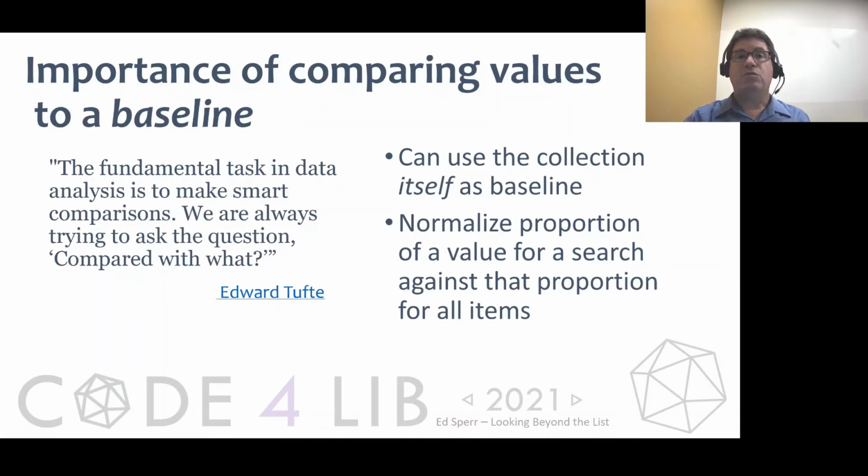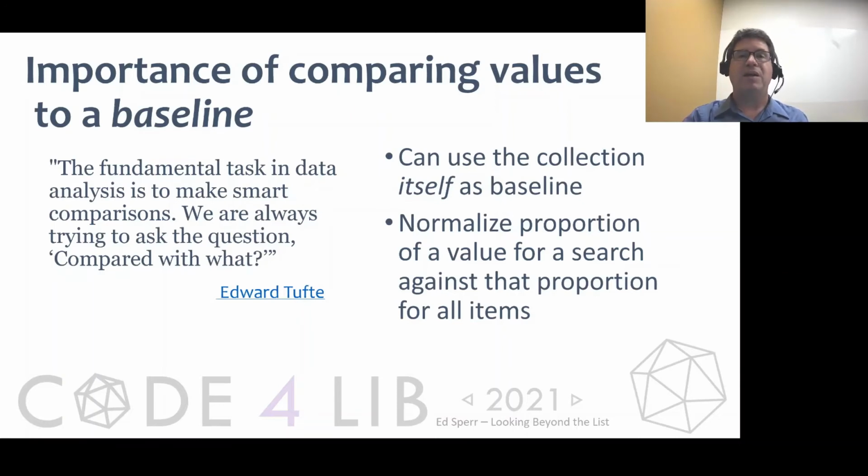Now, besides graphing the relationship between individual sets and doing visualizations of the raw numbers of search results in different formats, it's also worthwhile thinking about the baseline of the collection itself. Here's a quote from Edward Tufte, because of course it's a lecture about visualization and where would we be without Edward Tufte. But this really brings home the idea that we have to think about baselines when we're thinking about comparisons, because comparisons are oftentimes where we can sort of glean information from these visualizations.